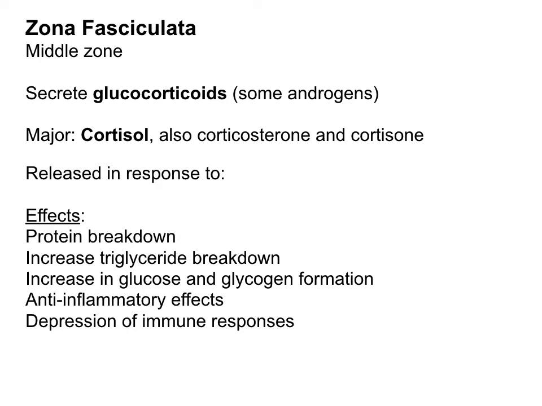These hormones also depress your immune responses. So if you have ever heard of people with heart transplants, kidney transplants, and after they get the transplanted organ, they have to go on anti-rejection medication.